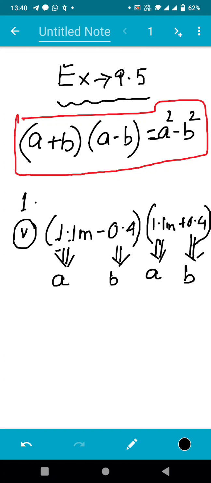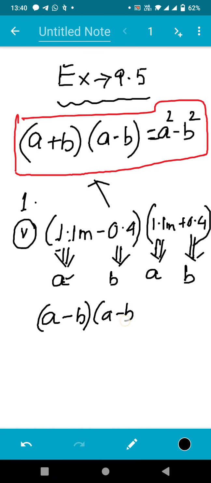So it is in the form of a minus b, and in the second bracket it is in the form of a plus b. So which identity is it following? This identity only, isn't it?